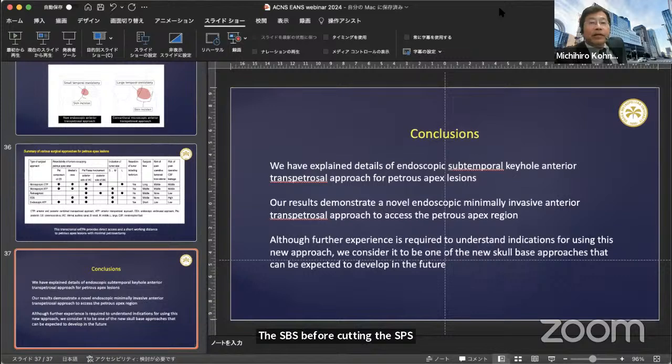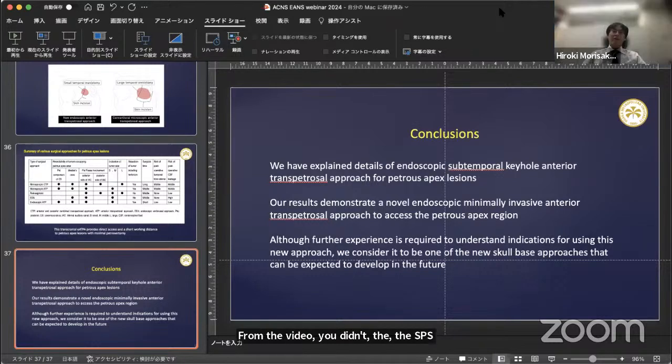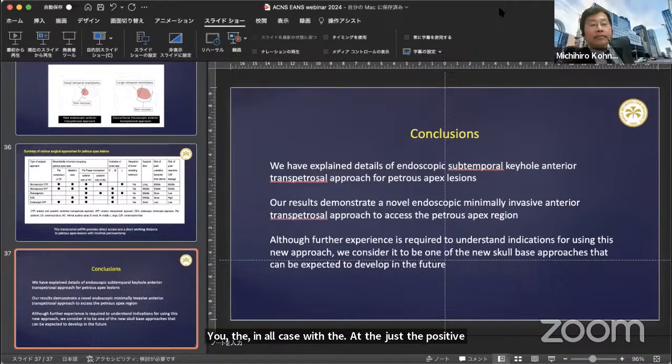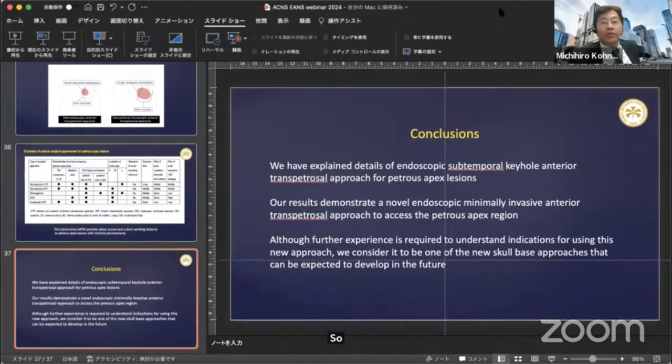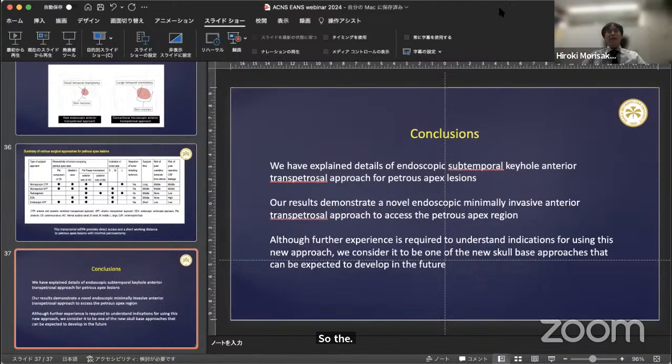From the video, you didn't ligate the SPS. Usually, in all cases, we ligated the SPS at just the posterior side of the Meckel's cave. We preserve the drainage point of the petrosal vein to the SPS. So the small window, yes, and so it's very difficult.